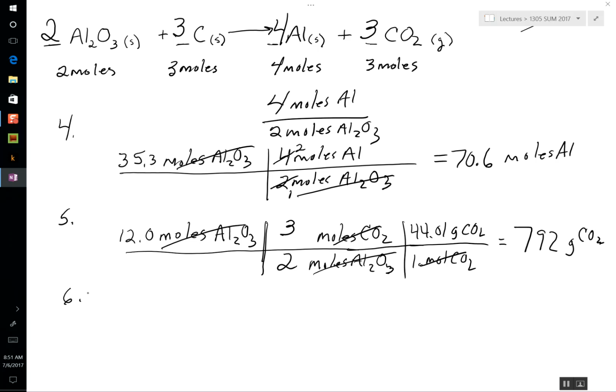Let's see. Okay, I'm going to use this terminology here, an excess of aluminum oxide available.